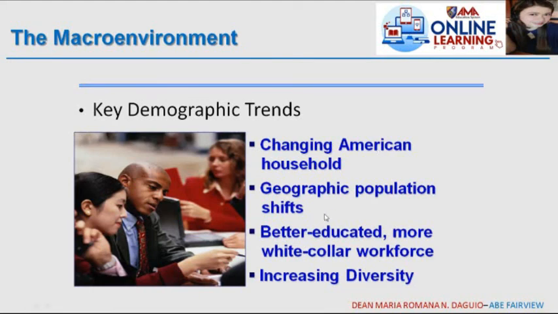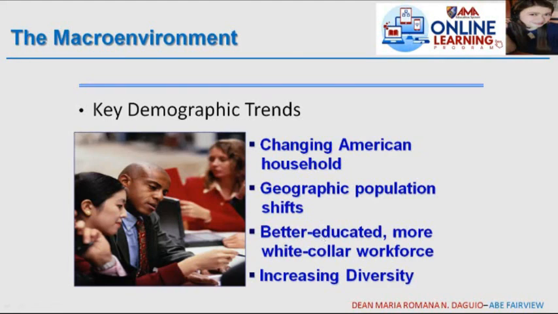Then geographic population shifts, so hindi na pare-pareho, pantay-pantay, ang dami ng tao sa mga lugar, may mga lugar na populated, may iba naman under ang o konti ang bilang ng kanilang mamamayan, no? Also, ano pa yung mga pagbabago? Better educated, no? Marami na rin nakakapagtapos, no?